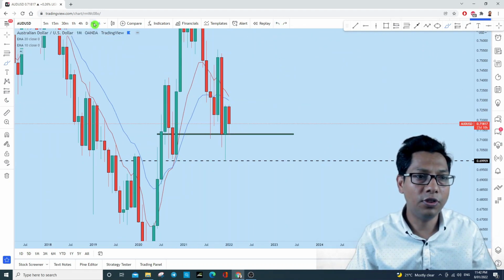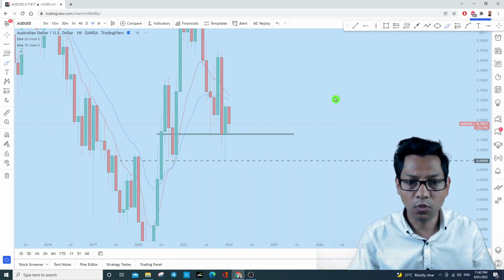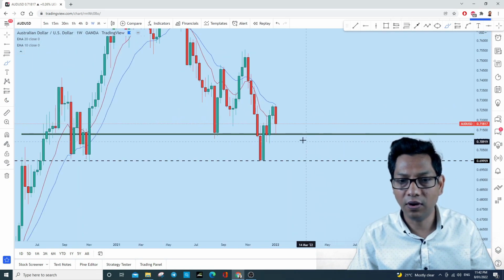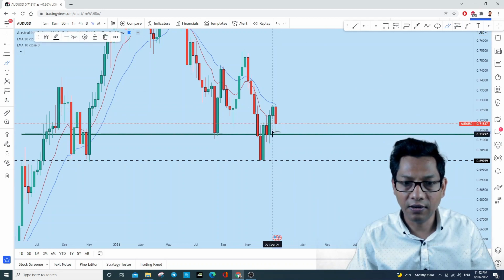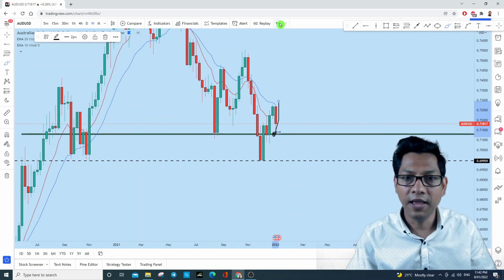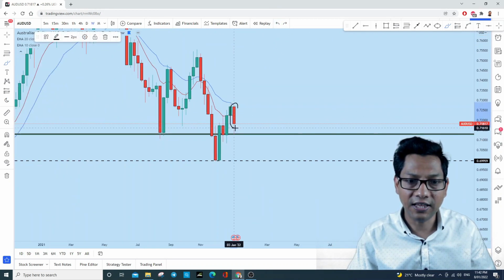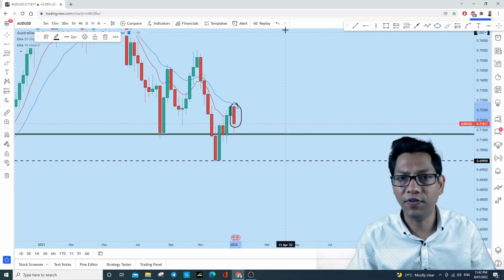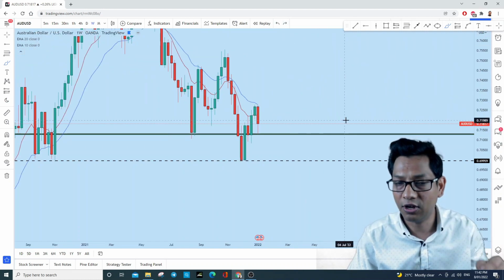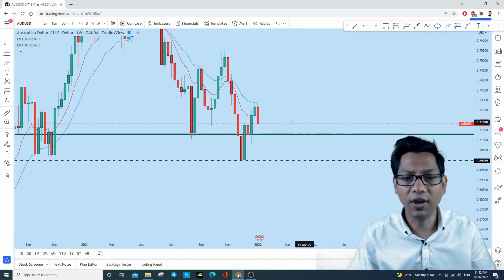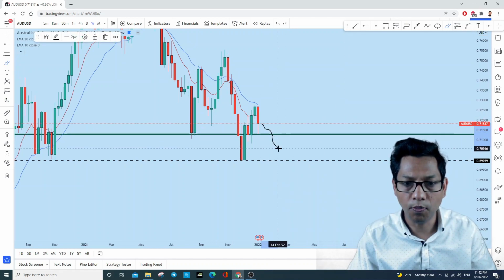Now let's see on the weekly time frame what kind of price action we have. Now on the weekly, as usual, the price came here, and again the buyers bought from here. Now as you see, the past week the price has created this bearish engulfer. After this kind of bearish engulfer, you can expect another drop.